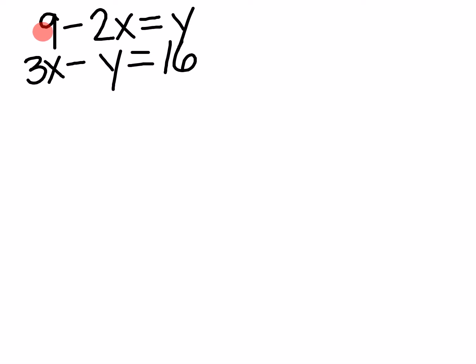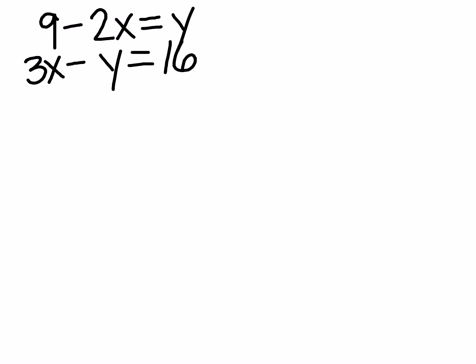I want my first equation to look like the second equation. Notice x is first, y is second, and it's equal to a constant. It does not have to always be in that format, but it's easier to work out the problem seeing it in that format.